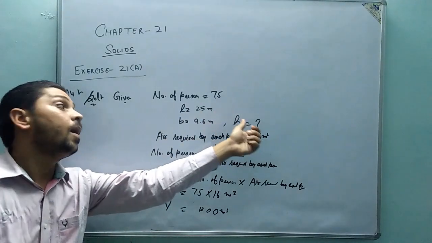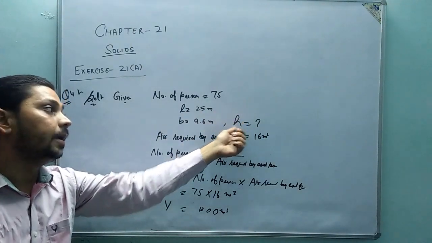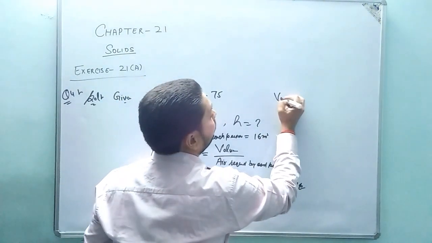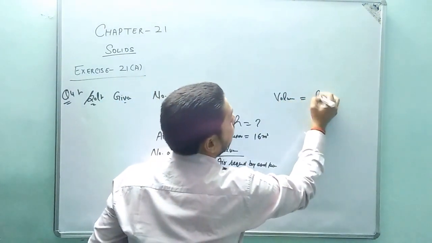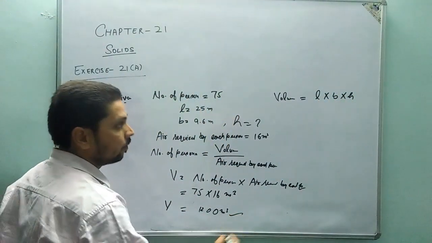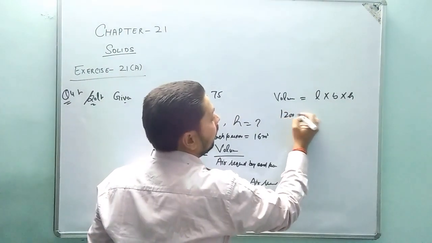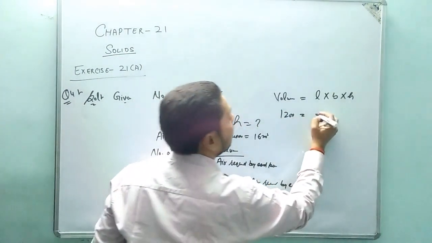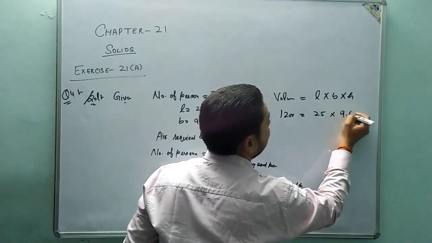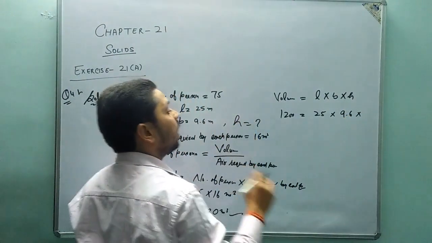Now what is missing? Missing here is height. So what is volume here? Volume of the room will be equal to L into B into H. We have the value of volume, 1200, and length is 25, multiplied by breadth 9.6, multiplied by height.